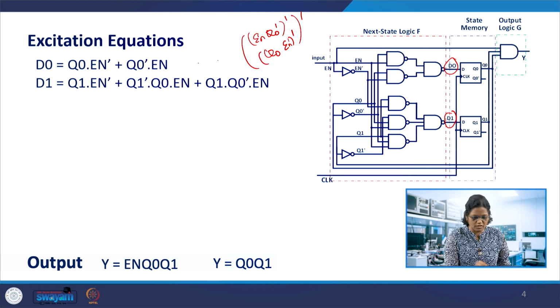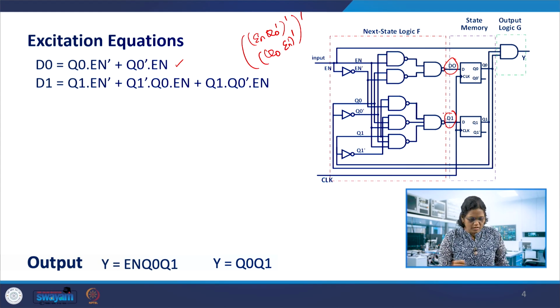So D0 is this: we get the output Q0 En dash and then Q0 dash En, ORed. A NAND function is equal to the inverted OR. If we apply De Morgan's law, you will end up with D0.